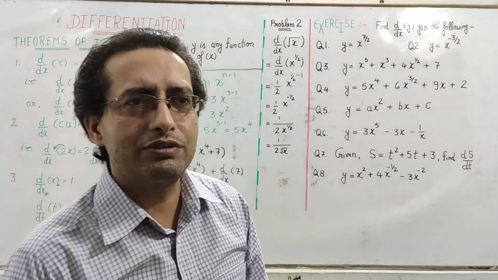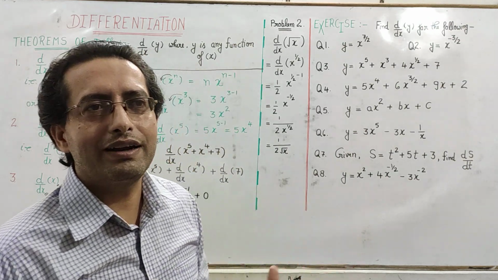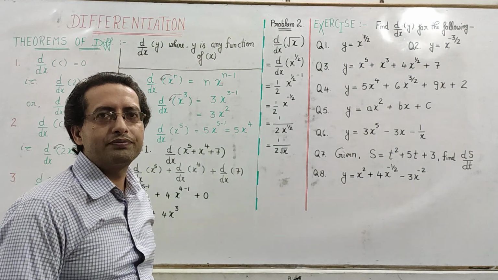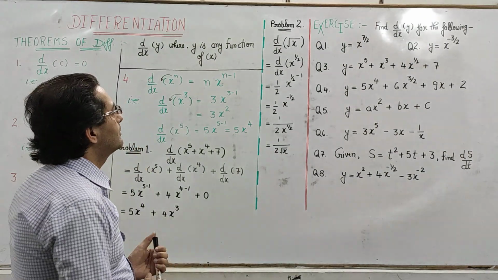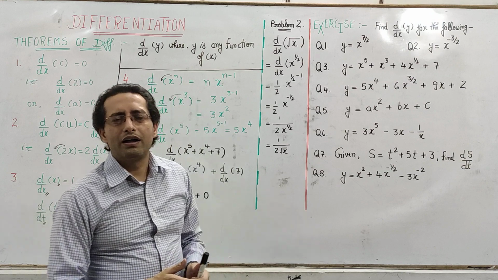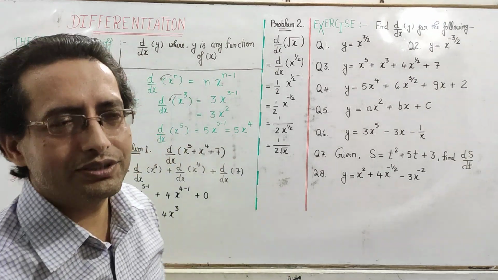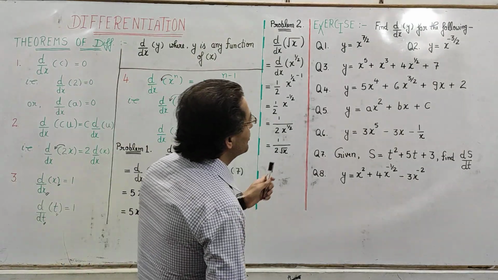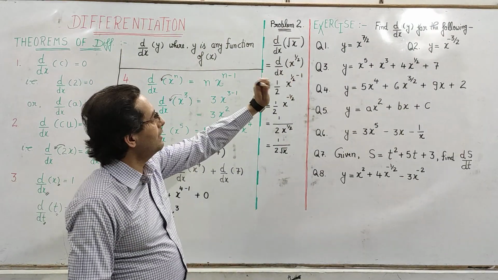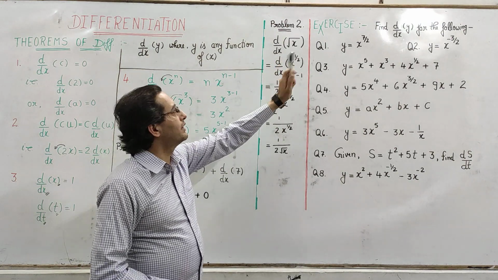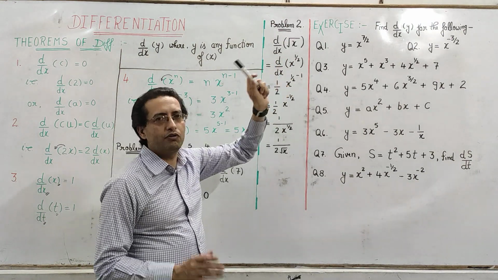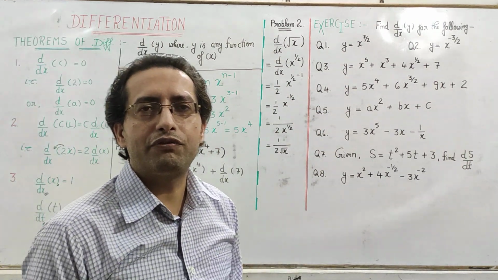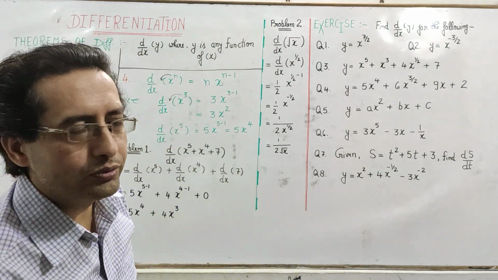It is found generally that when any term comes in the form of a root or cube root, then students think that it is very difficult, but a few ideas we have to utilize here: under root x can be written in the form of x power 1 by 2.